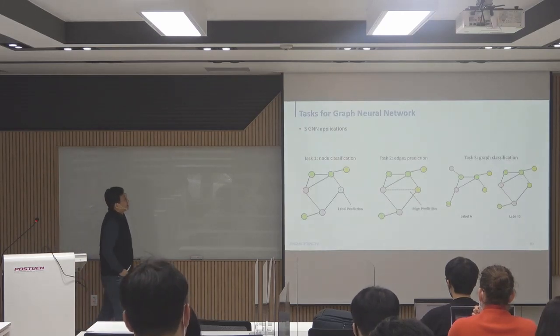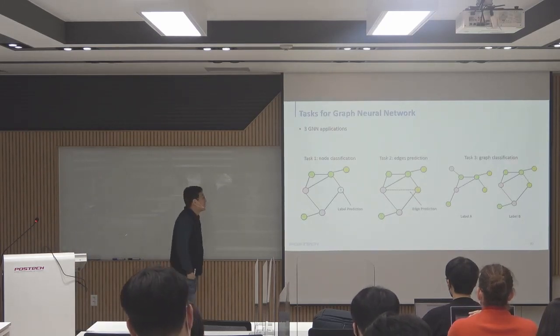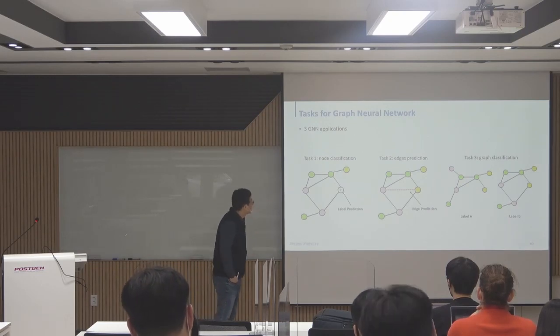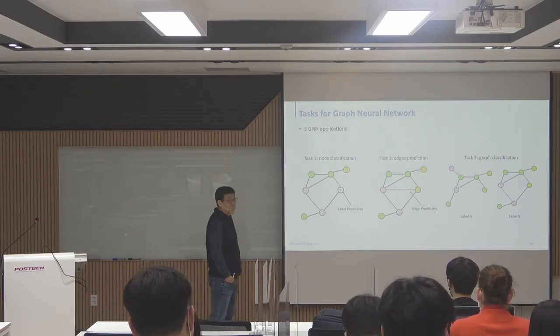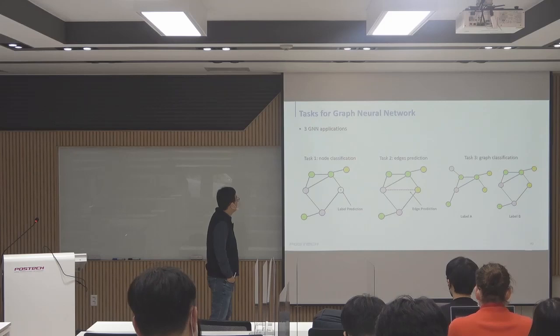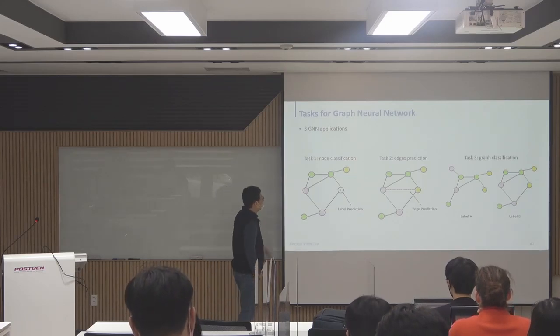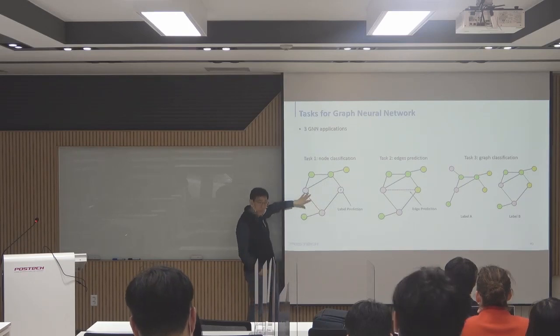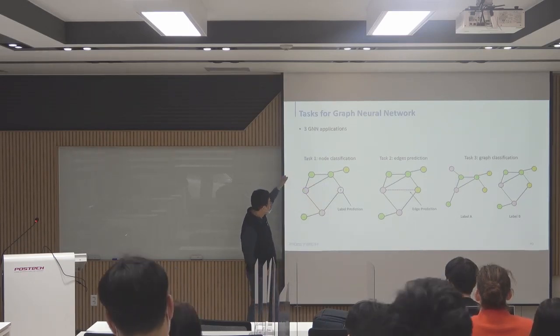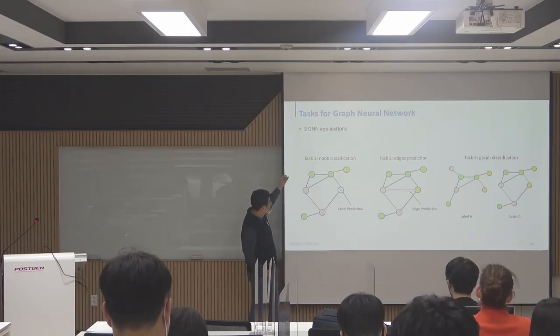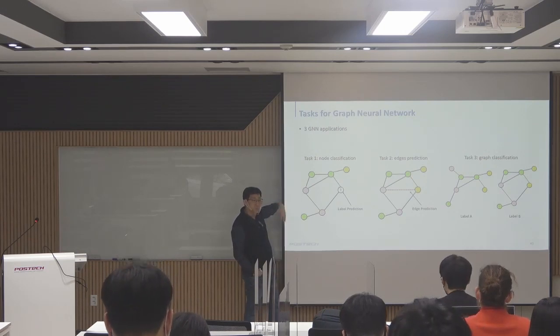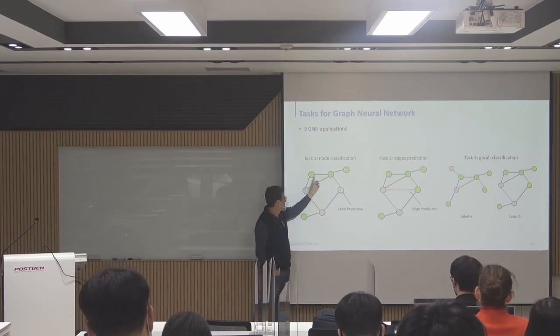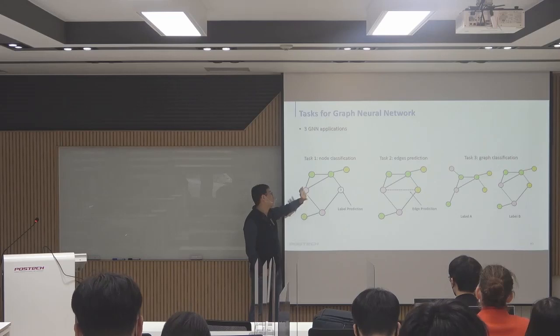What kind of tasks can we do with GCN or GNNs? People like talking about 3 major applications. The first one is classification problems. Say this is the graph that we have, and we use different colors to represent the class of each node.